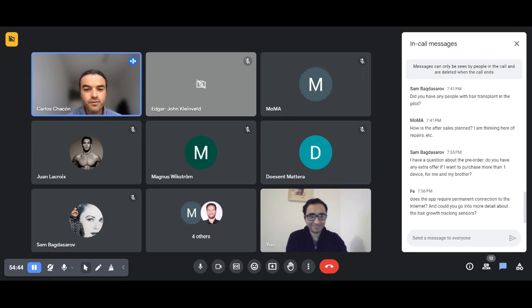And maybe Sam has this question about whether you can purchase one more device. Yes, there is this option. If it's not out already, it's coming up. Anish, do you know about the option of buying two devices?